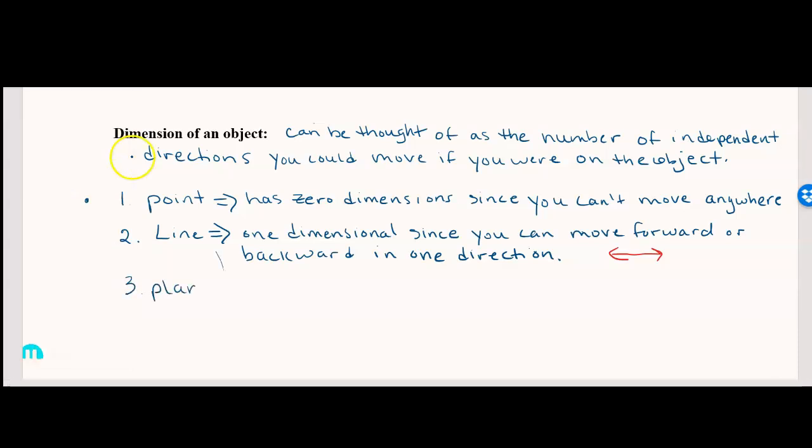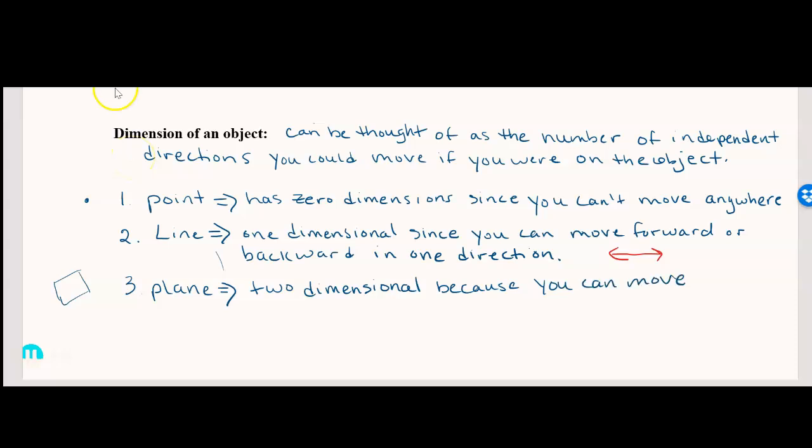Now let's go up another one. A plane. If you think of the plane, we used to talk about the coordinate plane, but just as an example, we could call that a plane. This would be 2-dimensional. And let me just show you on here.